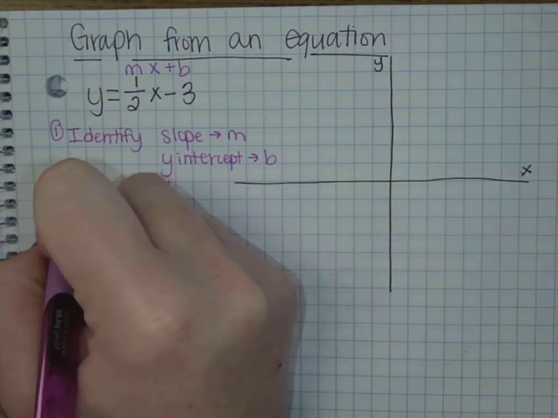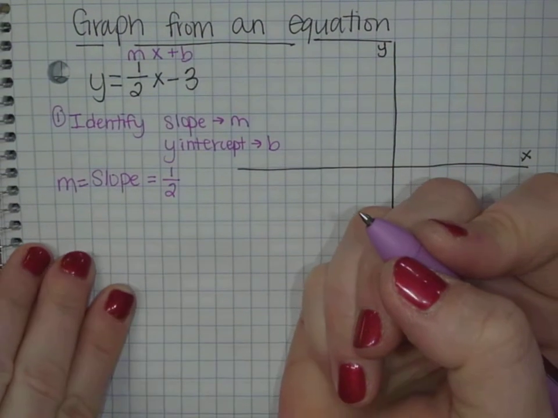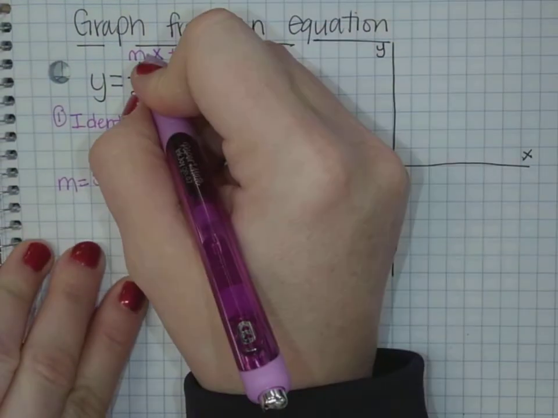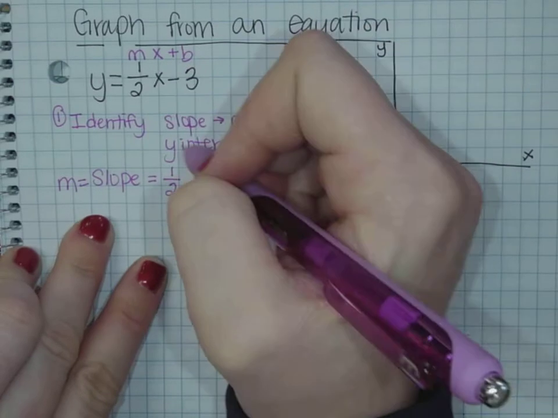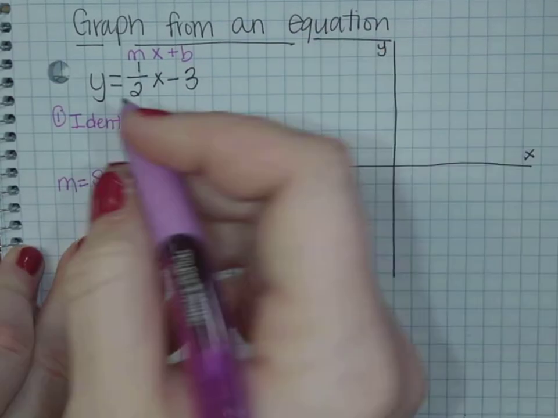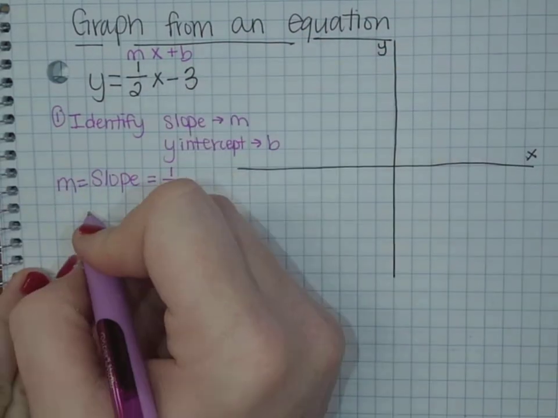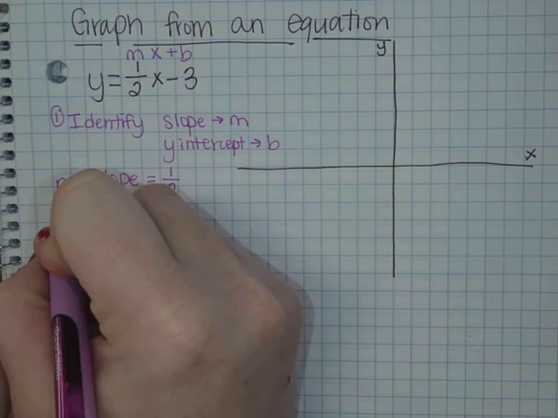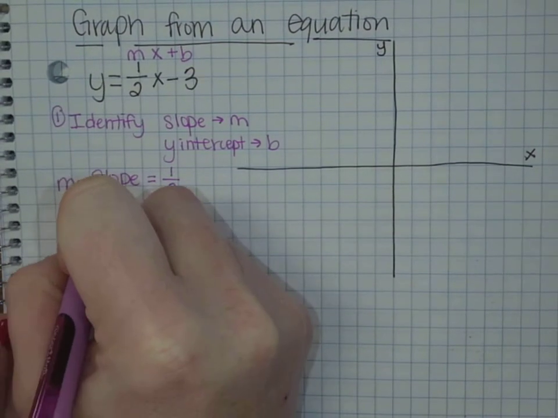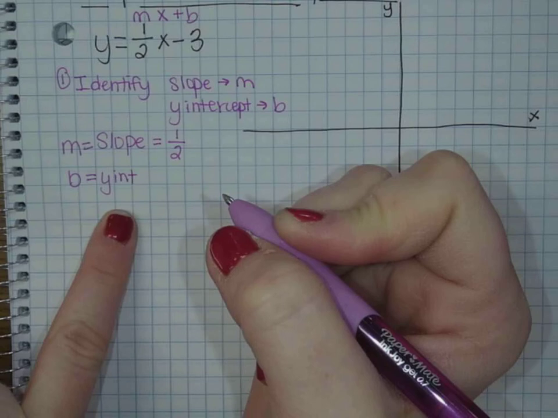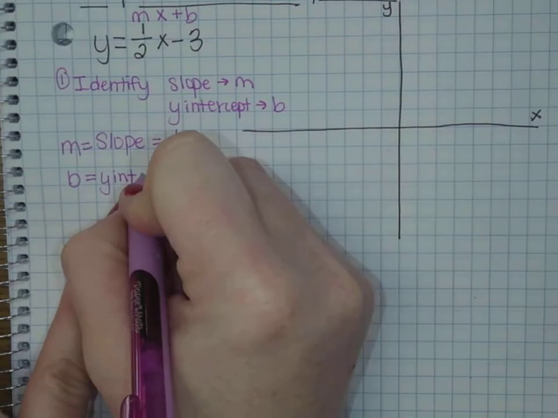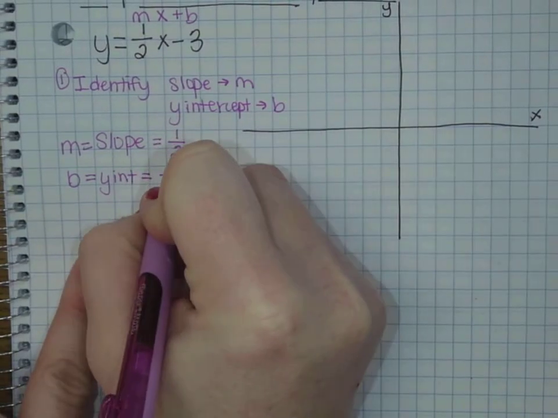Remember, m is multiplying by x. What multiplies by x is your slope. So slope is 1/2. And your y-intercept, your b, is -3.